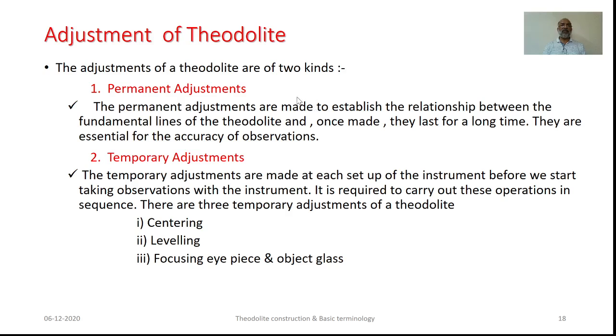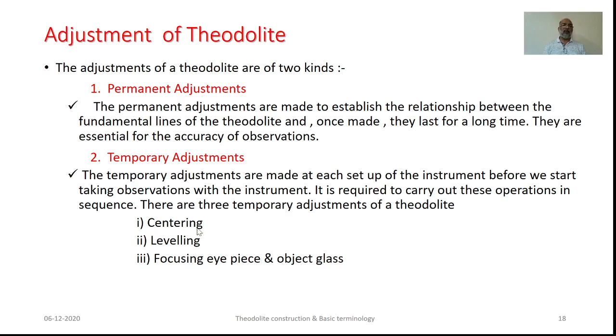Whereas for each station setup, we wish to have certain axial relationships maintained for that particular equipment setup only, and the kind of adjustment that we make for that setup is nothing but the temporary adjustment. So centering, leveling, and focusing of the eyepiece and the object glass are temporary adjustments.